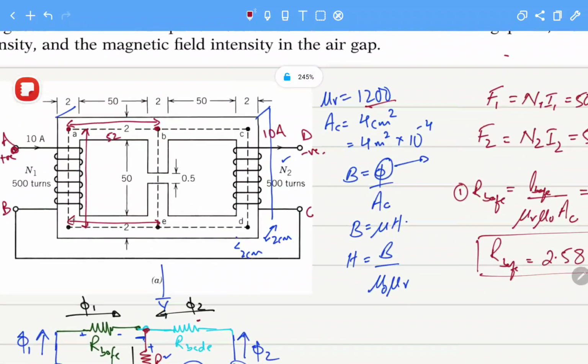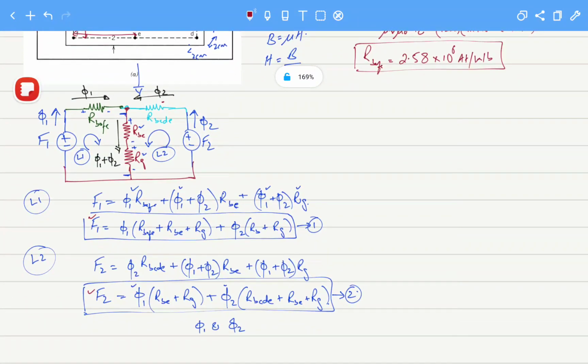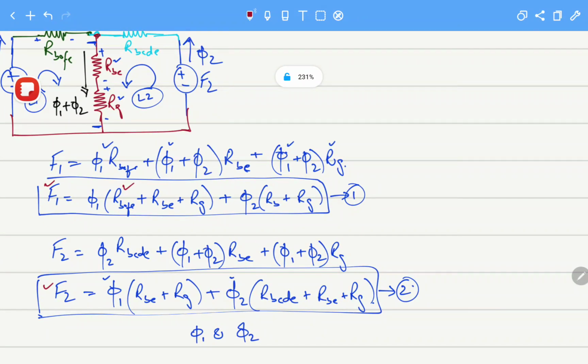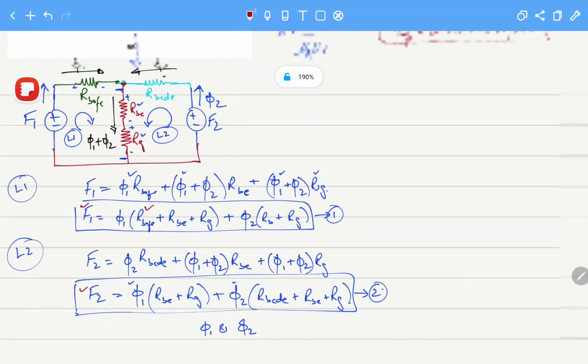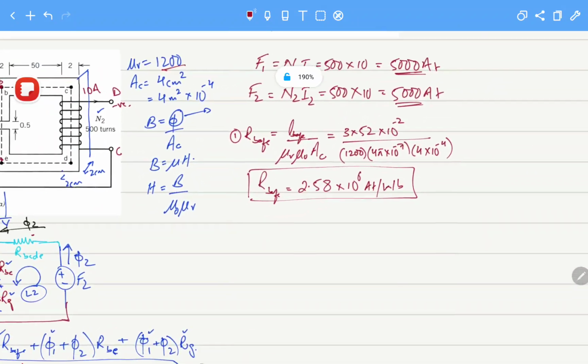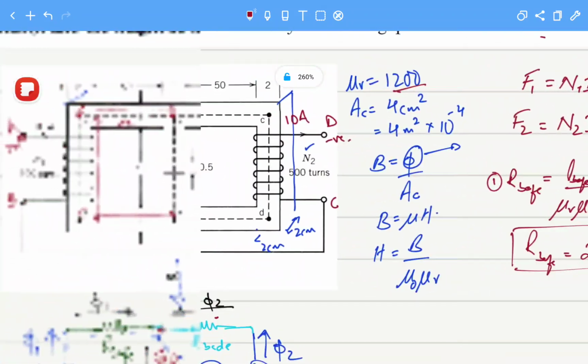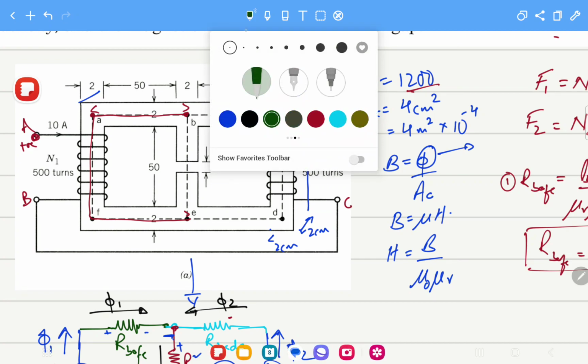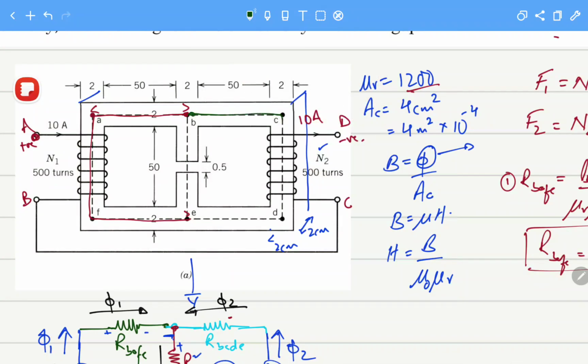Now if we look at this, what have we calculated? For our equations 1 and 2, we have calculated R_BAFE. Now from the diagram we can see that the reluctance from this one and the reluctance that I am marking in green now are actually the same.